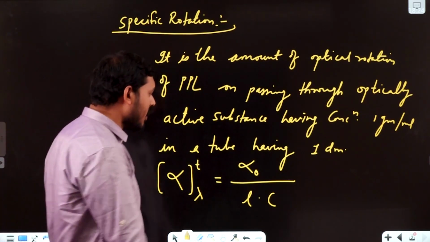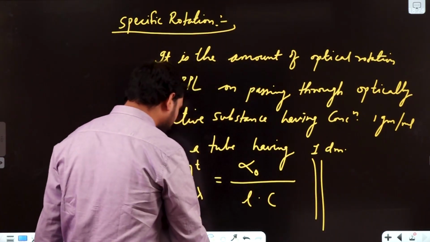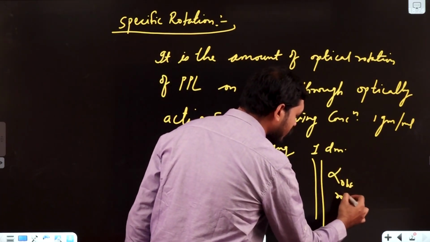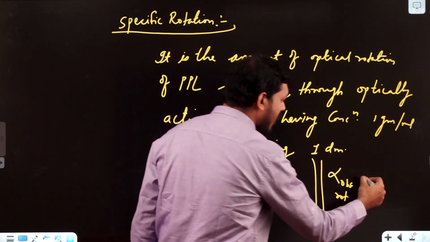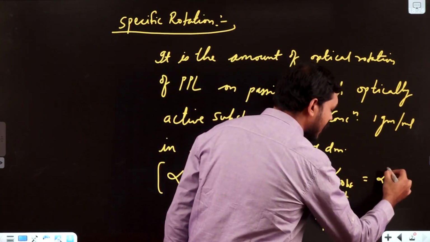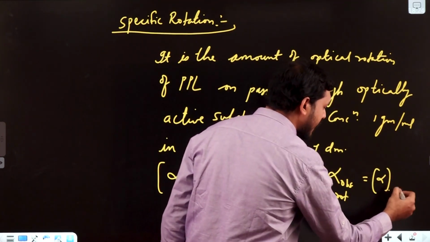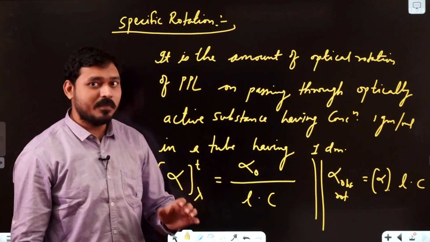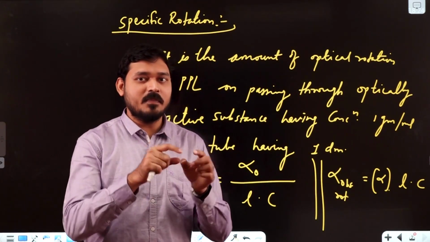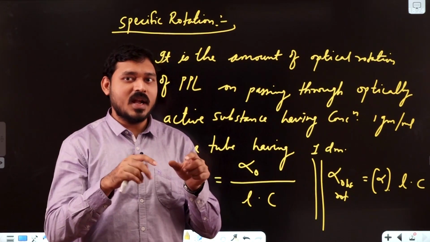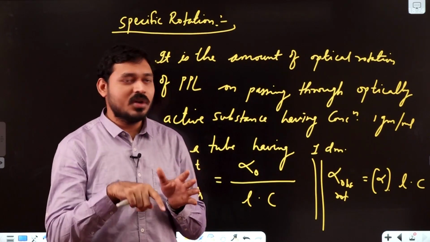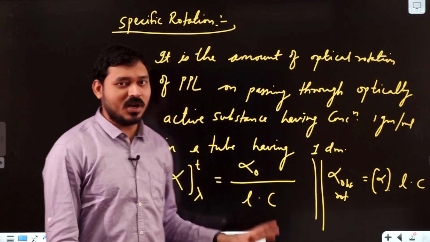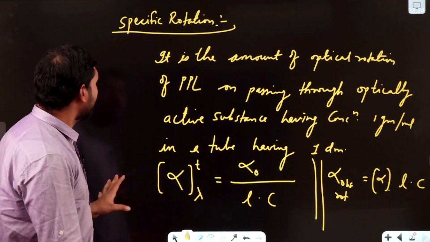Or in other terms, the observed rotation for any solution equals the specific rotation of that substance into length into concentration. So for a particular experiment, if you have taken a particular length L and concentration C, and you know the specific rotation, which will be given, you can calculate the observed rotation. Optical rotation, I think everyone has noted this.